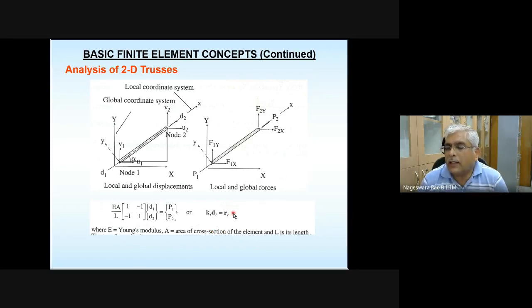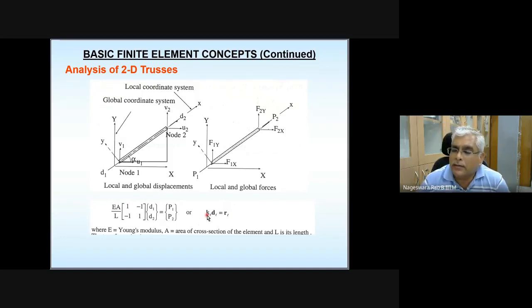Also RL is going to be T times R. This R vector is nothing but F1x, F1y, F2x, F2y written in a column format. And RL is nothing but P1, P2.